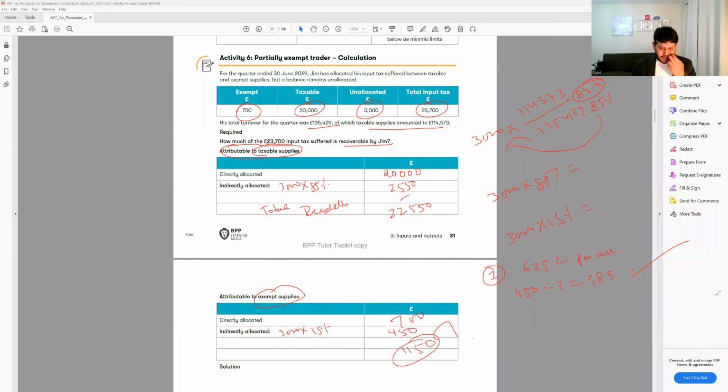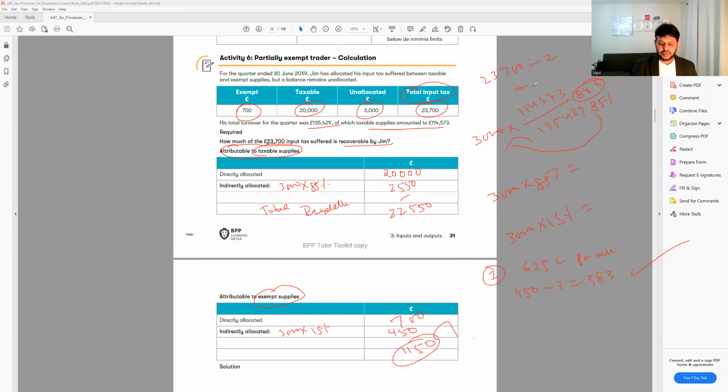The next condition is that it has to be less than 50% of the total input tax. Now total input tax, if you remember, was 23,700.